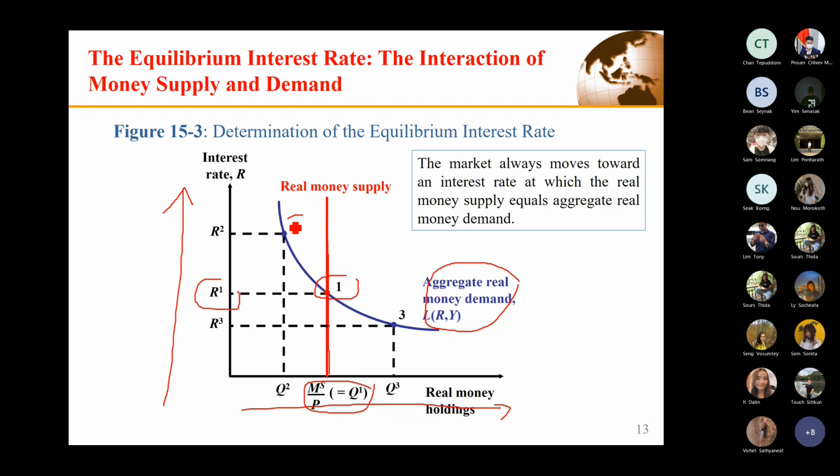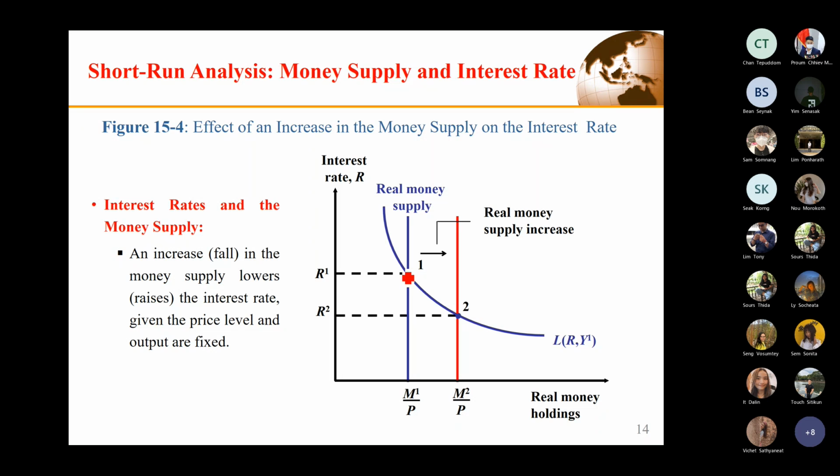If it is either at point 2 or at point 3, there will be a gravity that draws it toward equilibrium at point 1. If there is less demand than the money supply, then the interest rate will be lower. And if there is more demand than the available money in the economy, the interest rate will be high as people want to borrow.